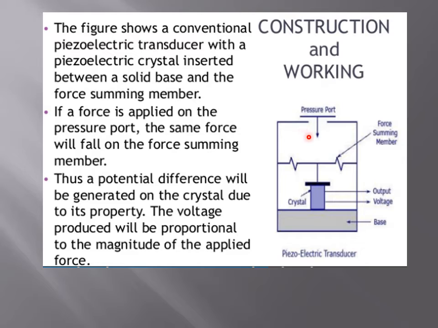If a force is applied on the pressure port, the same force will fall on the force summing member also, which is here. Due to this, a potential difference will be generated on the crystal. As it is a piezoelectric crystal, any deformation will give you an output voltage. The voltage produced will be proportional to the magnitude of the applied force.